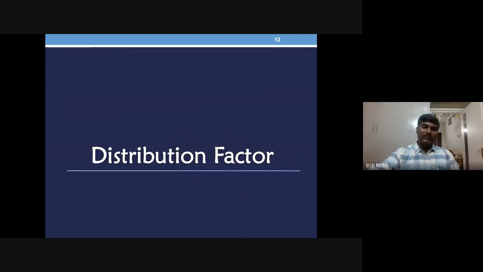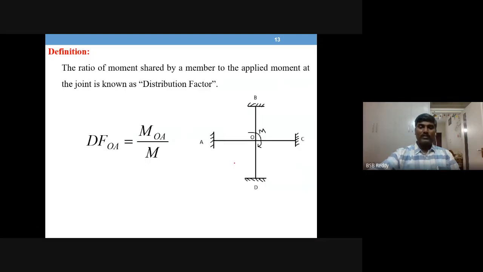Similarly, we have derived the mathematical expression for distribution factor also. Distribution factor can be calculated with this formula: Ki divided by sigma Ki.